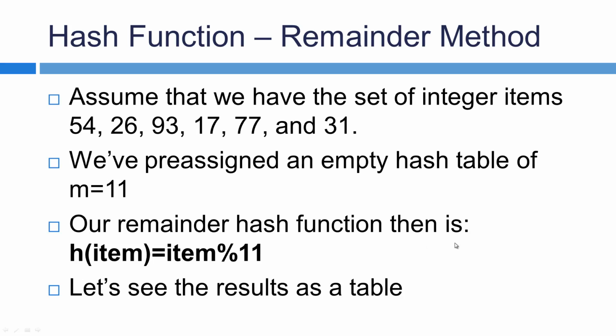So our remainder hash function takes in the item and returns the remainder of the item divided by 11, using the mod function, or the mod percentage sign you can use in Python, which just returns the remainder of a division. Let's go ahead and see the results as a table.